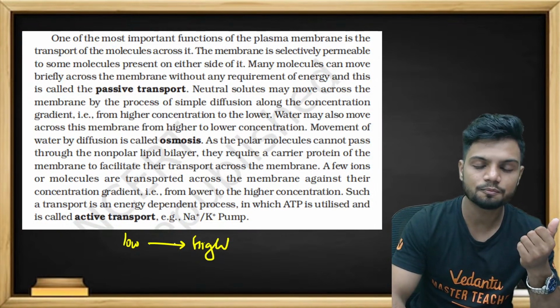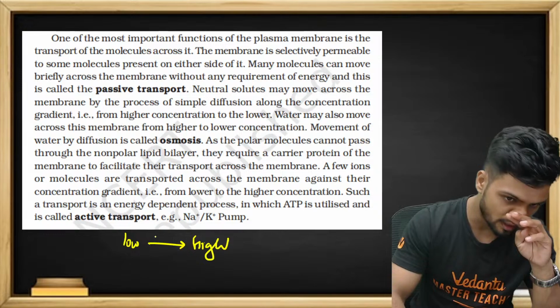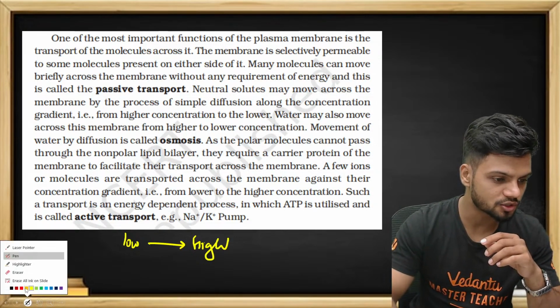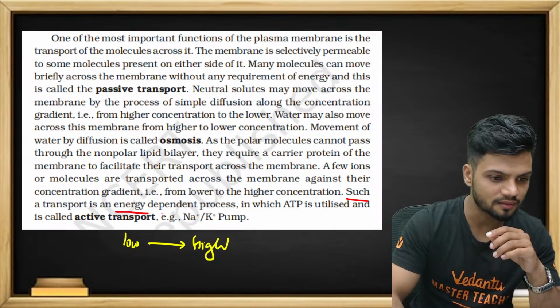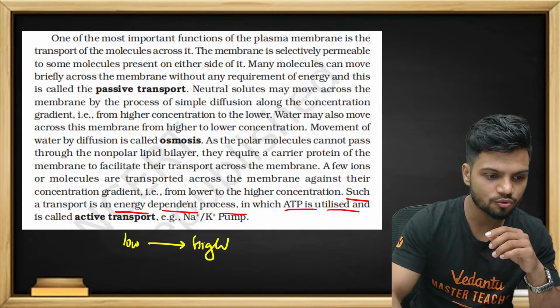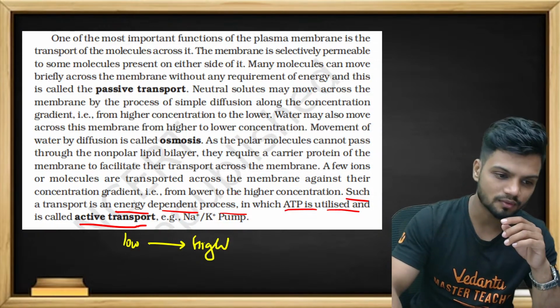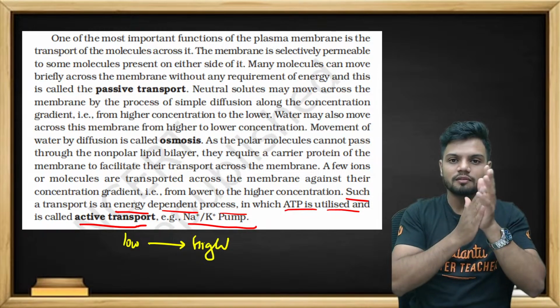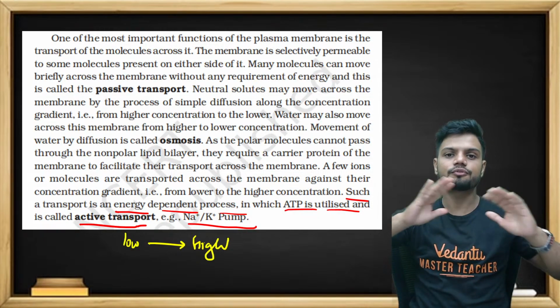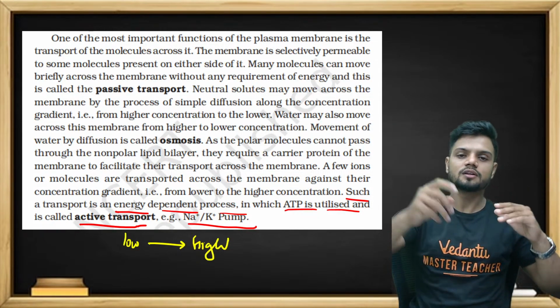You're taking a taxi, you're supposed to pay the money, right? From low to high, lower concentration to high concentration, such transport is called an energy dependent process. ATP is used and it is called active transport. An example is the sodium potassium pump. Basically the whole concept is when you have to go from high to low, free of cost. Low to high, you have to pay.